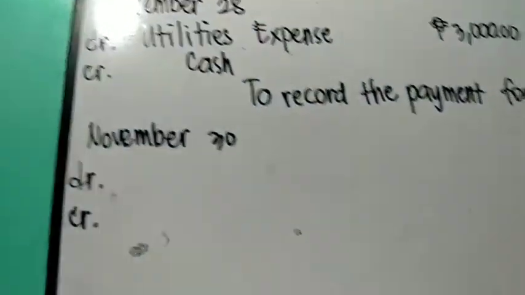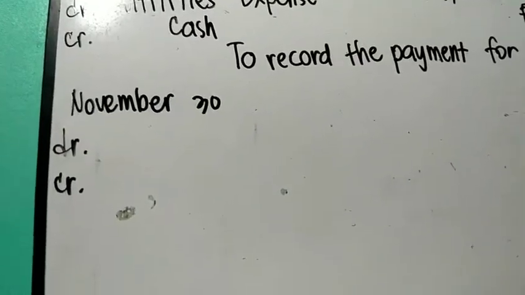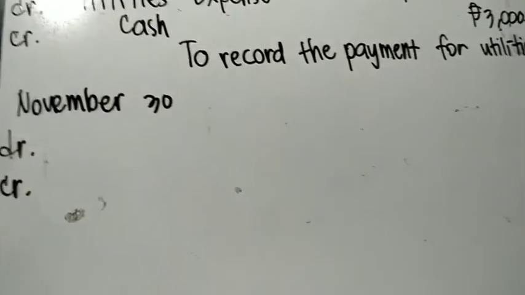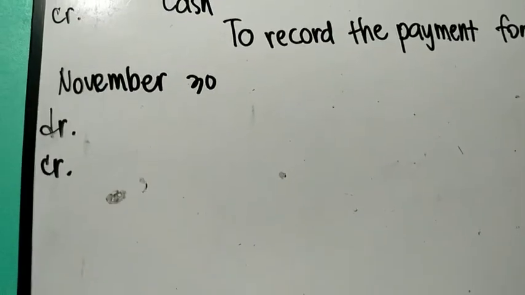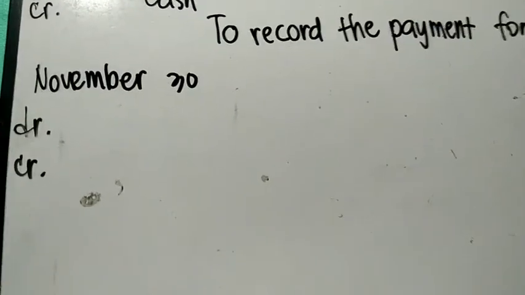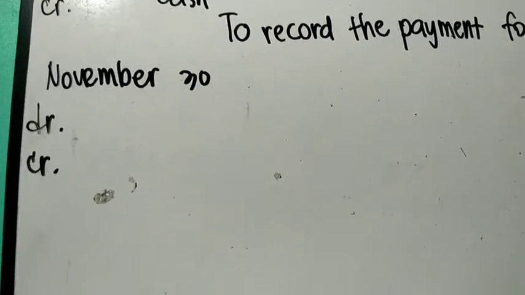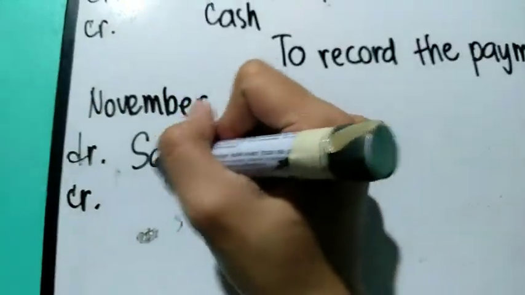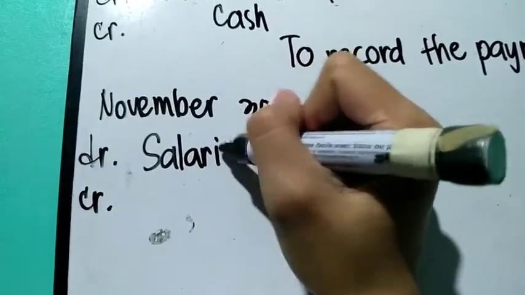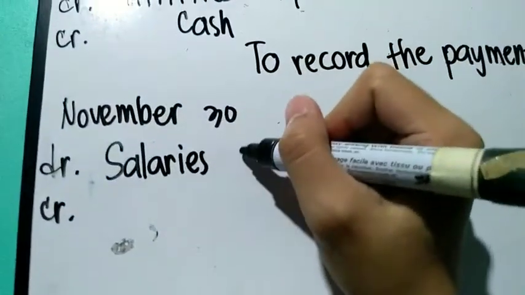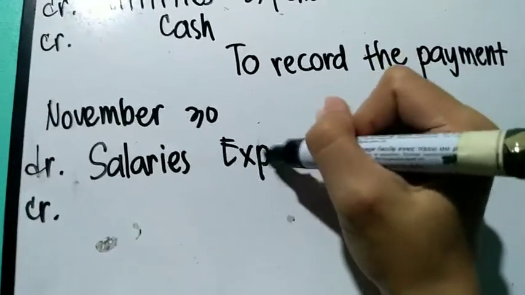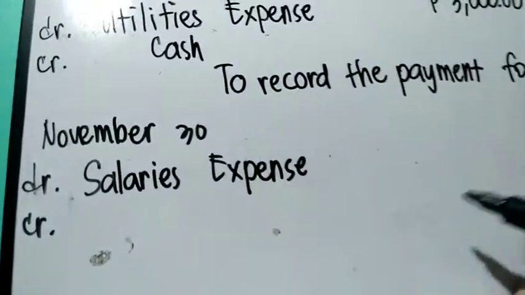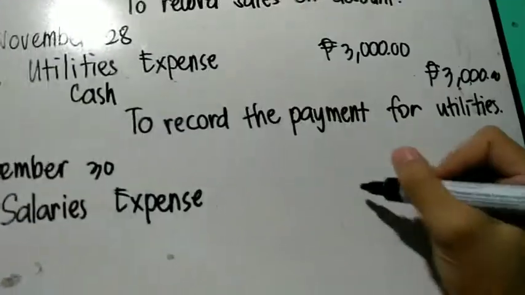So what's your value received? So let's analyze the transaction again. Paid the company technician. So that means it's the salary of the technician. So your debit is salaries or salary expense, which is 10,000 pesos.